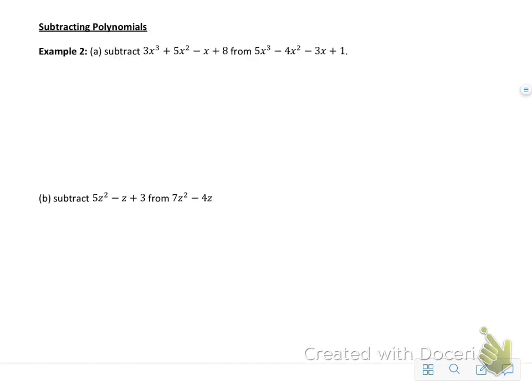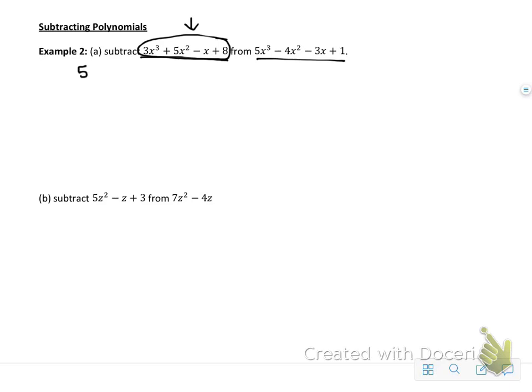So we're also subtracting. Now when it says subtract this from that, the one that you're subtracting from goes first, and you put this one right here on the bottom. So if I'm doing this vertically, I'll line them up with like terms.